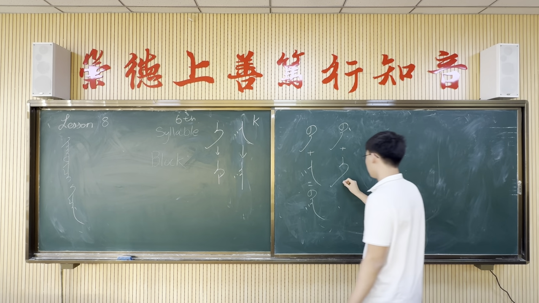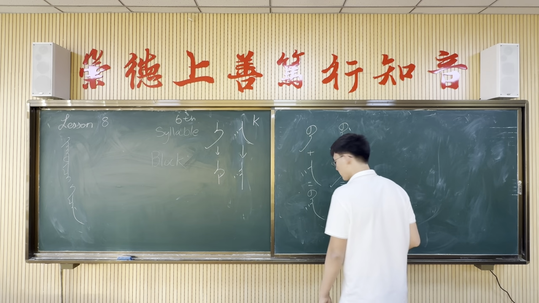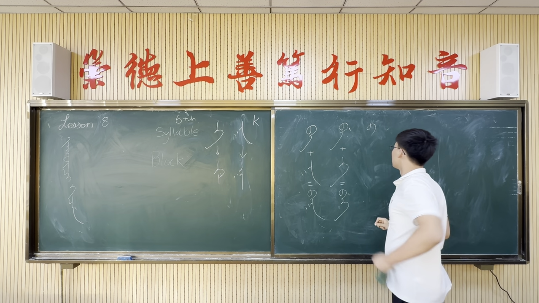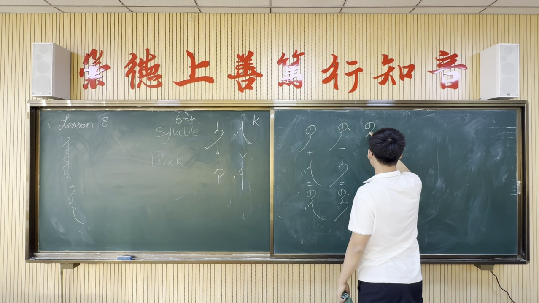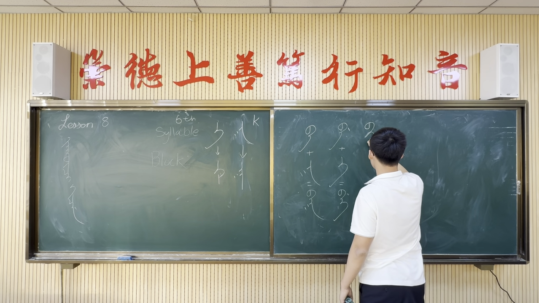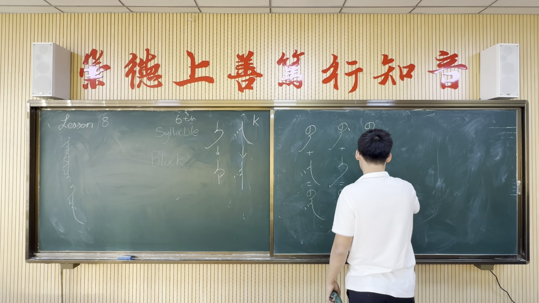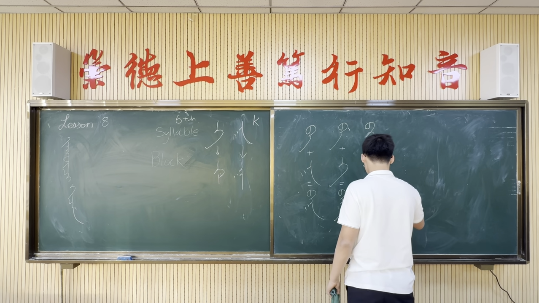So that'll be book. Now you have B. Okay, B plus 6th syllable. Okay, B plus k is beak.